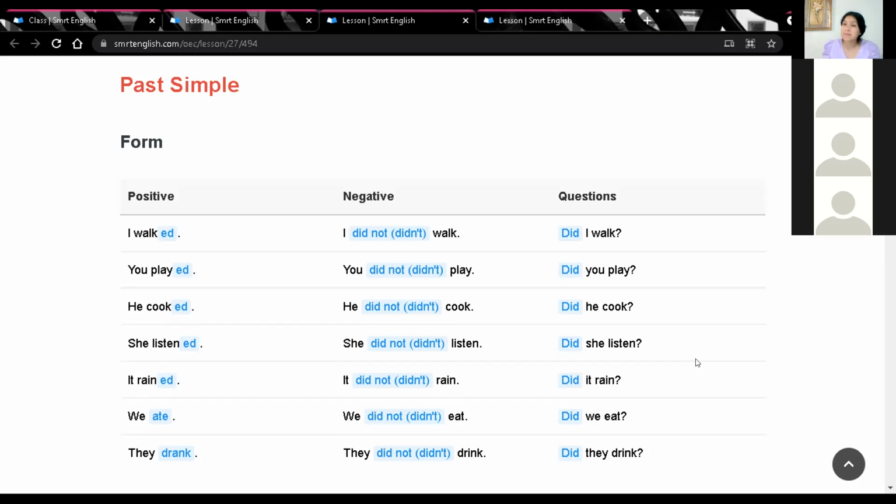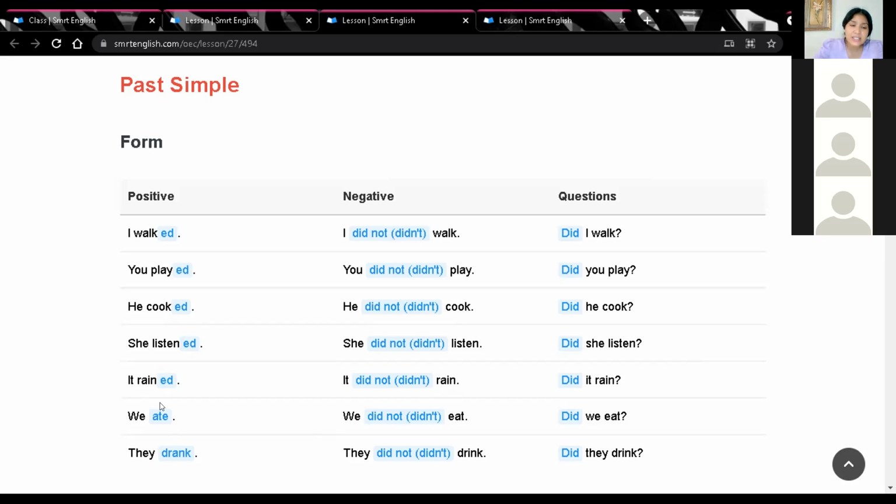What does that mean? That I'm not going to add ed to the verb. I'm going to keep its original form. I didn't walk. For example, in the affirmative sentence in past tense will be I walked. In the negative one will be I didn't walk, which means that I'm going to drop the ed ending. And in interrogative form, I'm going to start with did, the subject, and the verb in its base form. Did I walk? And the same is going to happen with every single verb.